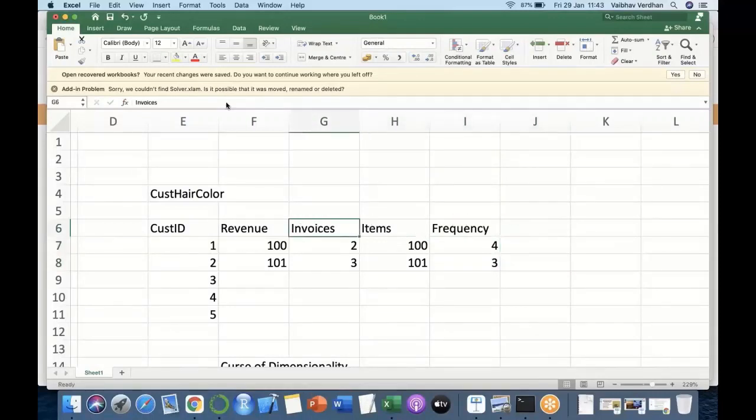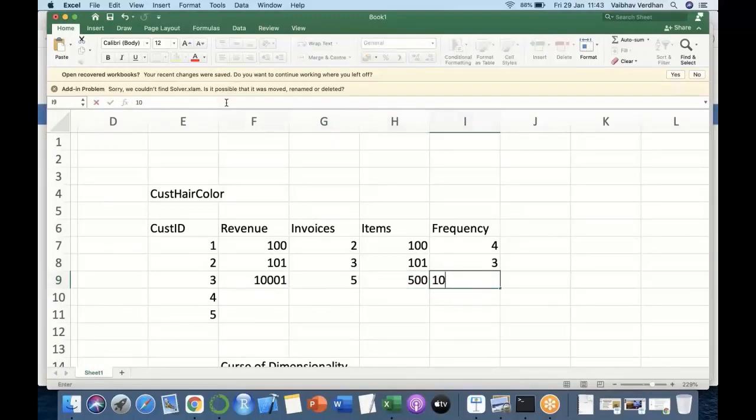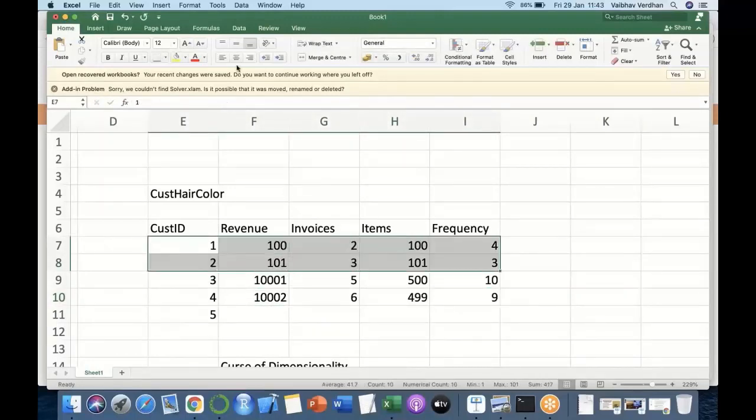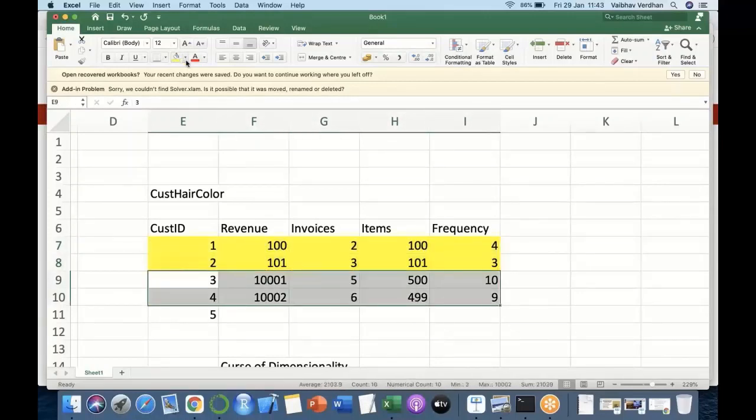We remove this variable, and let's say customer 1001, invoices 5, items 500, frequency 10, right? And customer 1002, invoices 6, items 499, frequency 9, let's say. So in this very simple example, we can say that yes, these two customers belong to the same group. In a very simplistic format, this is the meaning of clustering.